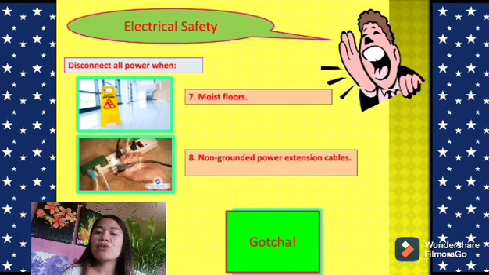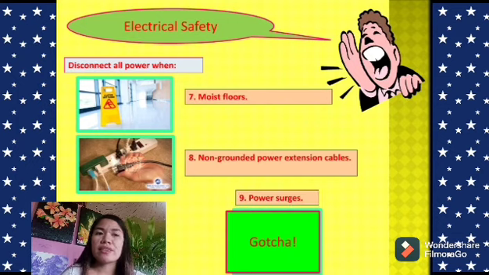Avoid using non-grounded power extension cables with heavy equipment, especially computers, because non-grounded extension wires can only be used by lamps, clocks, or other light-duty electrical devices. So for heavy-duty electrical devices, it is not advisable to use non-grounded power extension cables.